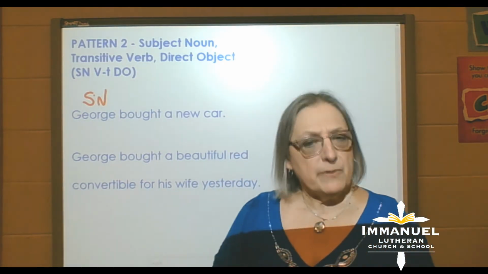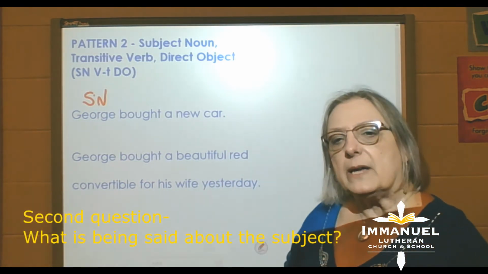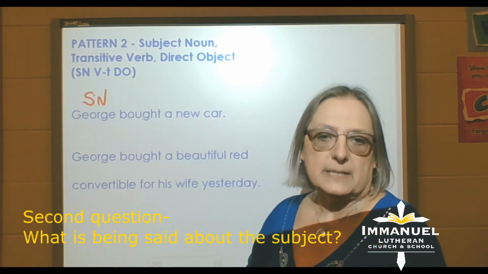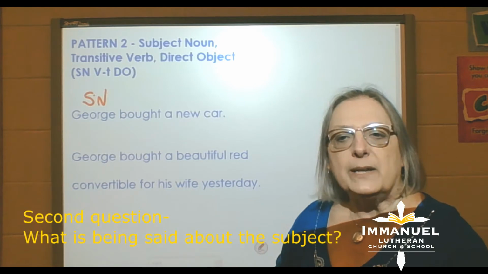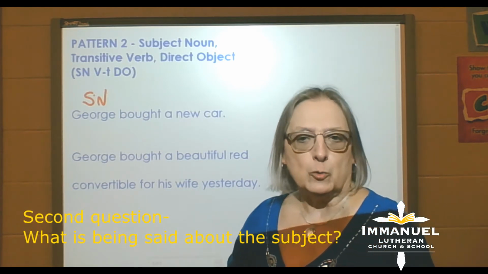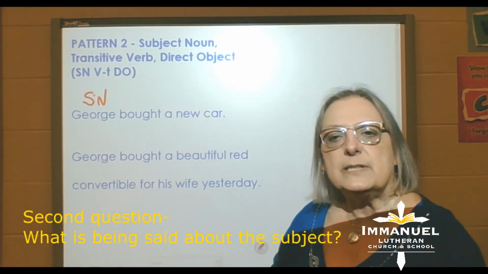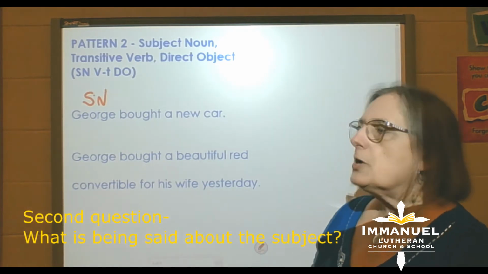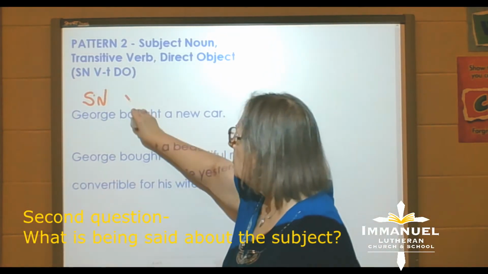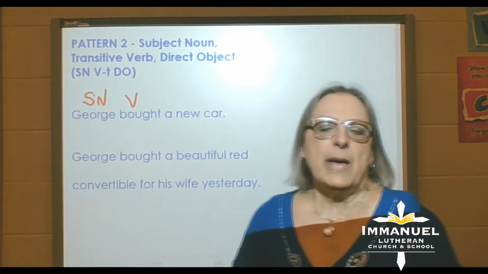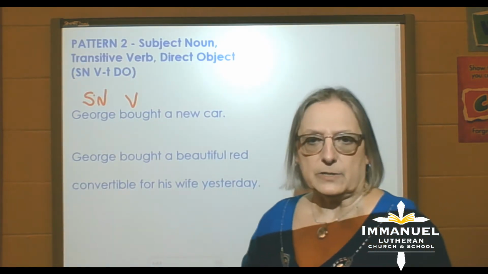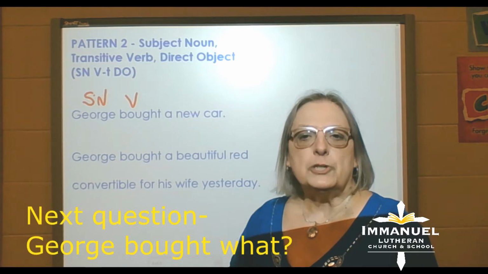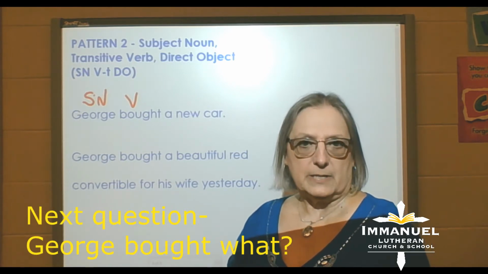You might remember then the second question is always, what is being said about the subject? So we ask, what is being said about George? And the answer in this sentence is George bought, verb. Now, in pattern 2, there is one more question to always ask. George bought what?